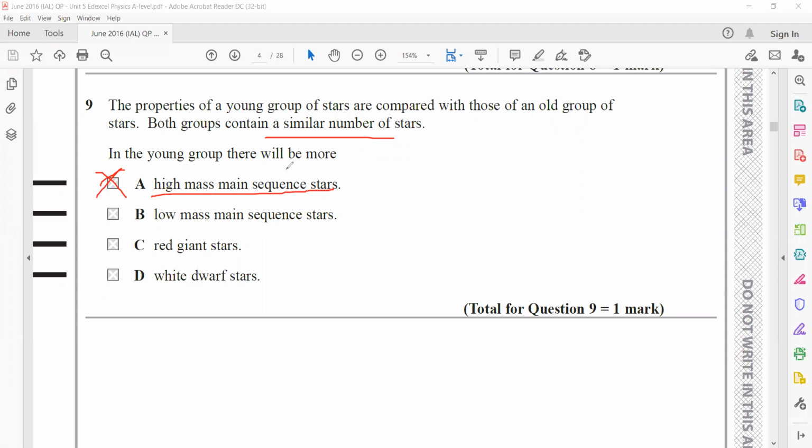But high mass main sequence stars, because in the beginning, due to hydrogen fusion, we have more high mass stars, but with the passage of time, compared to other stars, they switch to red giants or supergiants in a short interval. So A is the right answer.